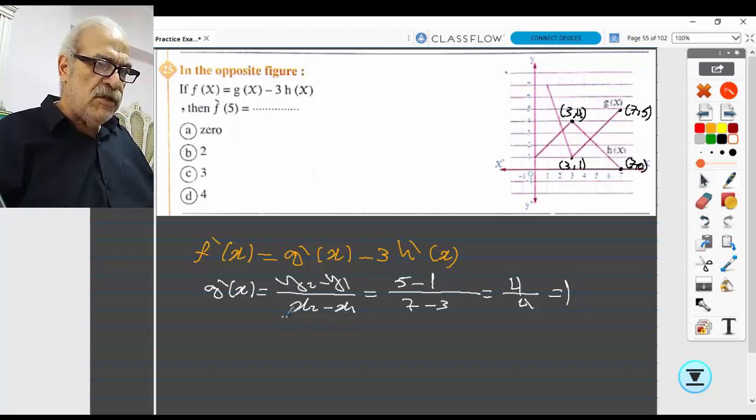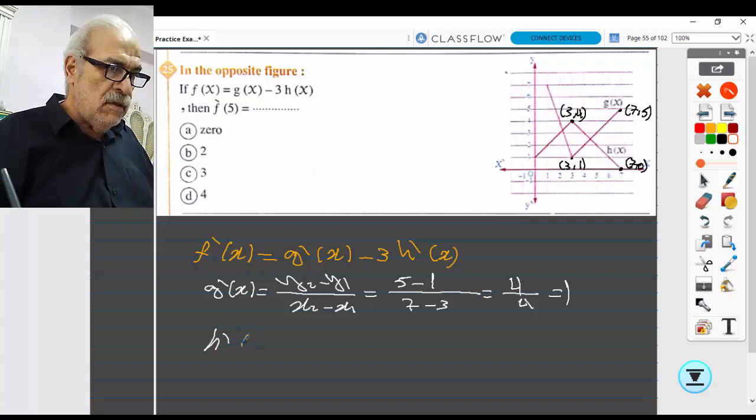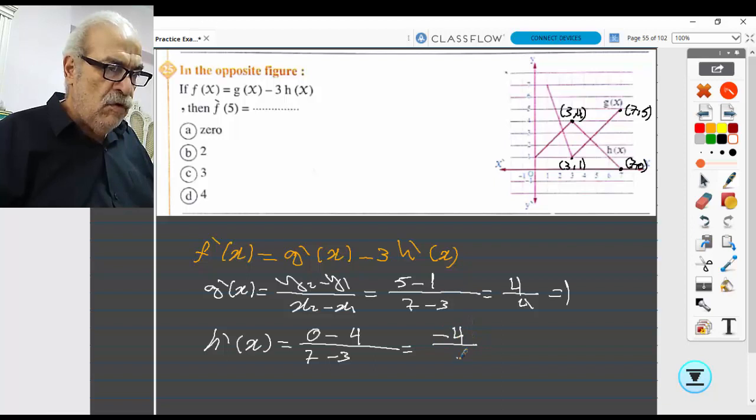It's the value of g dash in this interval from 3 to 7. And h dash of x, y2 minus y1 over x2 minus x1, is the same. The curve of h is from 3 to 7, so we have 0 minus 4 over 7 minus 3, which equals negative 4 over 4, which equals negative 1.